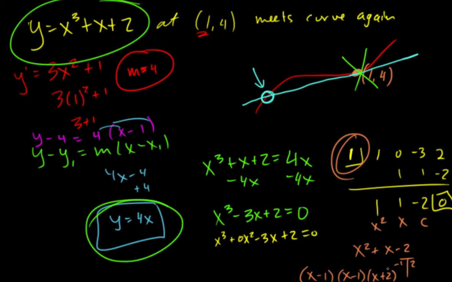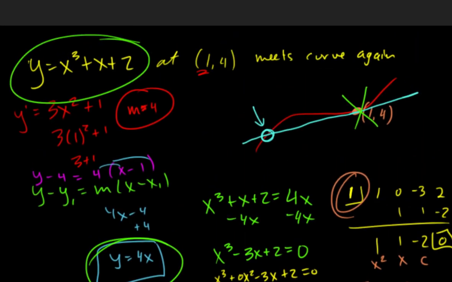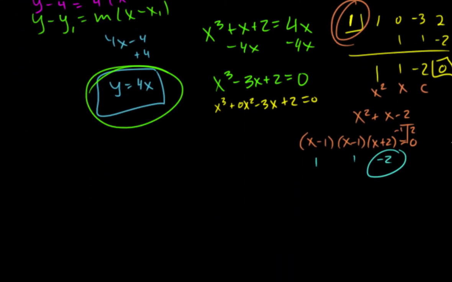And if we remember, this is all equal to 0 still. So that's going to be a 1, that's going to be a 1, that's going to be a negative 2. And so negative 2 is the one we didn't know about, because we already had the 1. So negative 2 is the place where it meets the curve again.